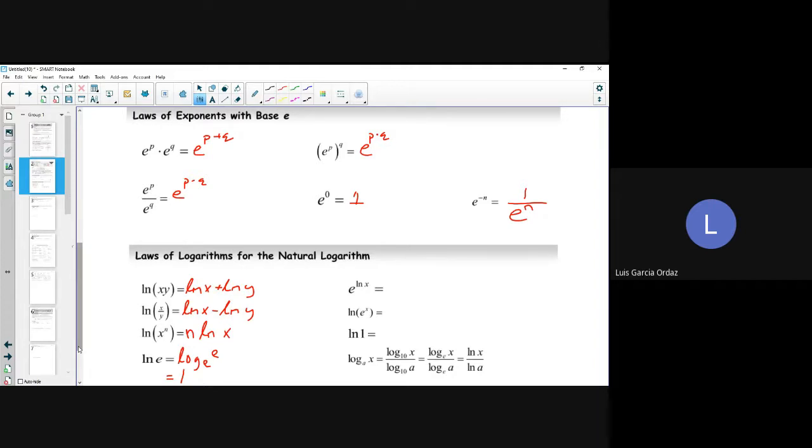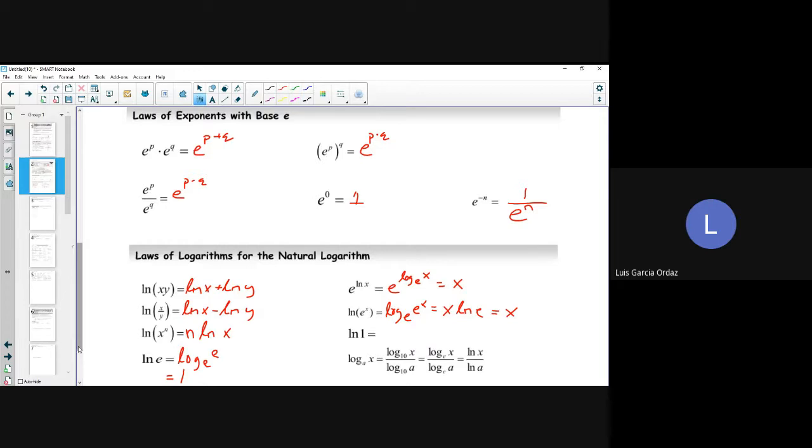e to the ln x gives me e to the log base e of x, which just gives me x back. ln of e to the x gives me log base e of e to the x, which is equal to x ln of e, which just gives me x.